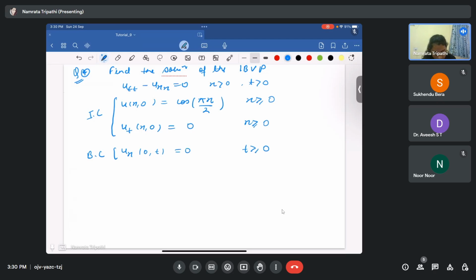So are you saying when x is from 0 to t? Yes. Anyone else? Simply you have to use the formula and you can put the value, you will get the expression.